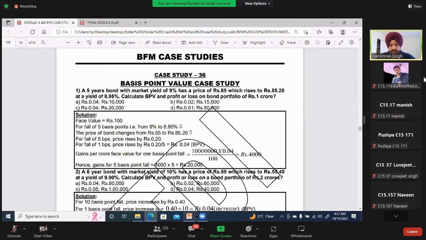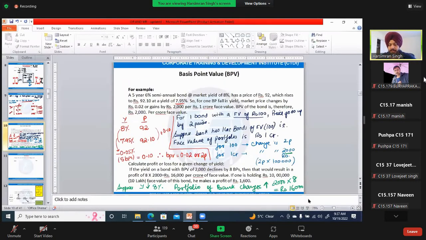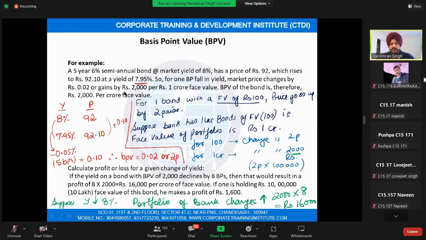Before I start with this case study, make sure you do this question with your hand, because this example is straight from Macmillan. There's a very high probability that you can get a question like this. If I am the examiner, I can make this question into 3 parts and give it to you for 3 marks.